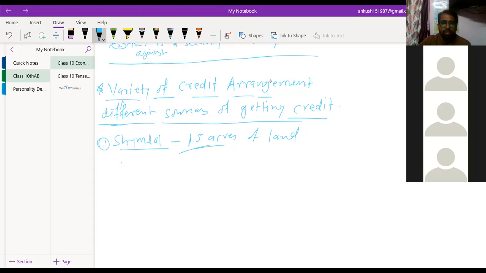Before the cropping, all kinds of inputs that he wants to use in his field should be taken from the agricultural trader, and he would be repaying those loans once the harvest season is over. That is also problematic for him.